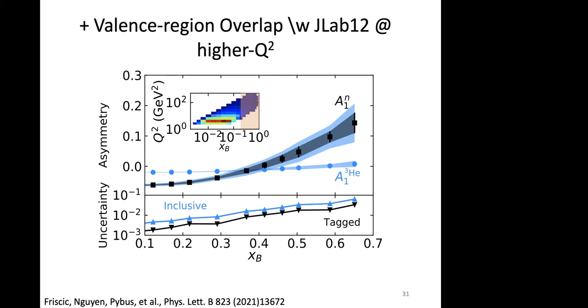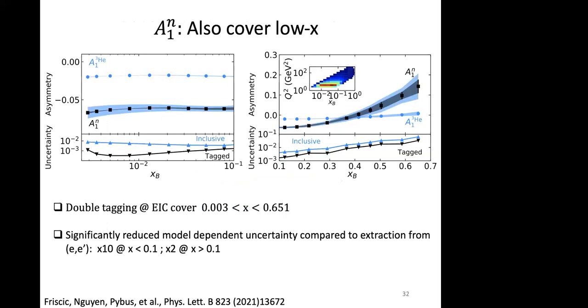One more thing I want to show you here is that our EIC physics measurement not only covers a large range of X, it can also extend to the low range of X. This is exactly the same measurement, but we break it into two regions.